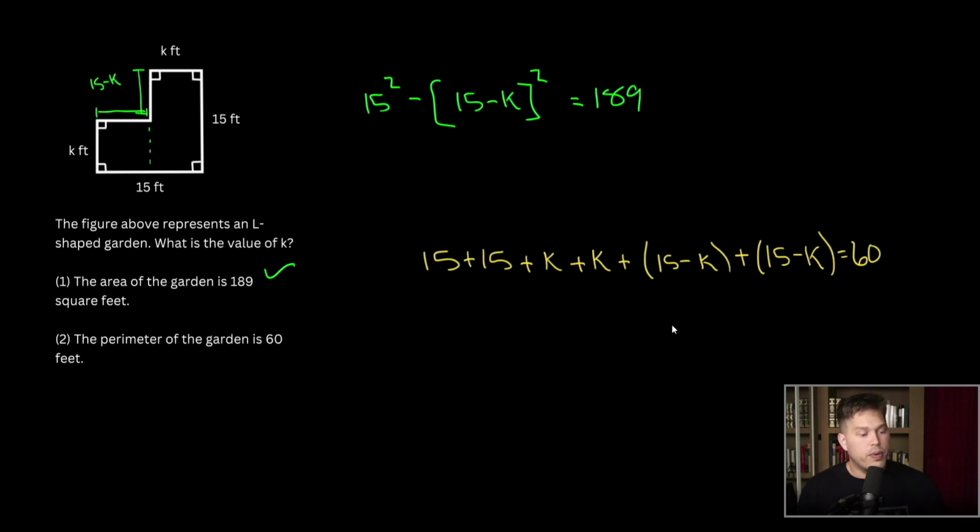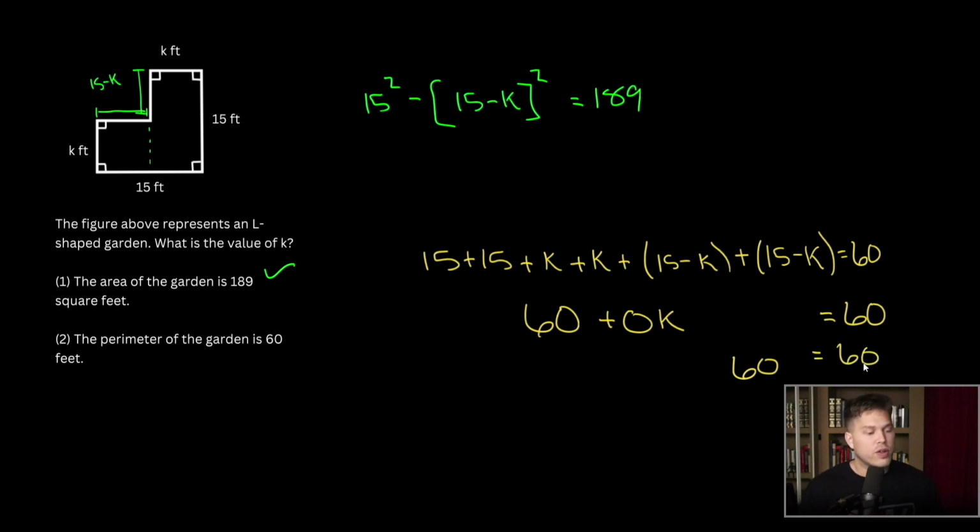So if we add up all of our similar terms, we have 60 plus 0k is equal to 60. And so we really just have written down that 60 is equal to 60.